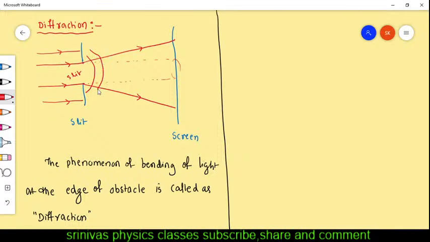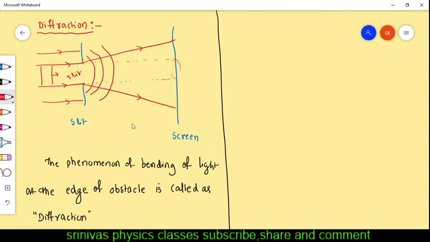The incident wavefront is plane, parallel light rays, but after passing through the slit, it becomes a spherical wavefront. And this is the diffraction.